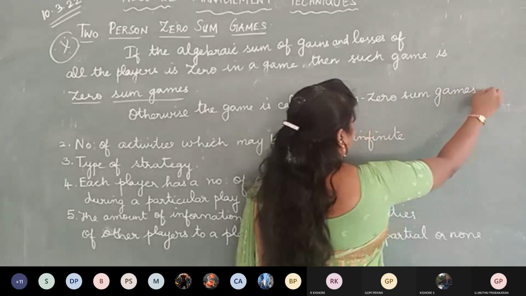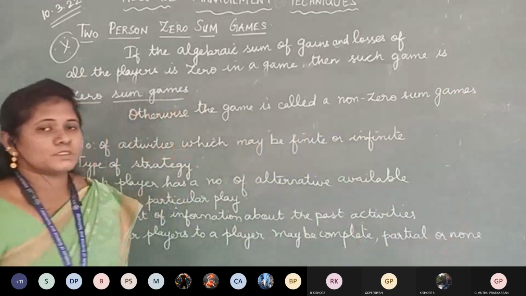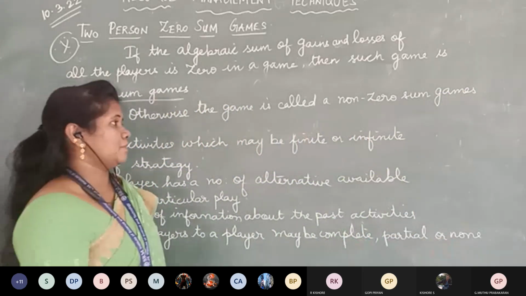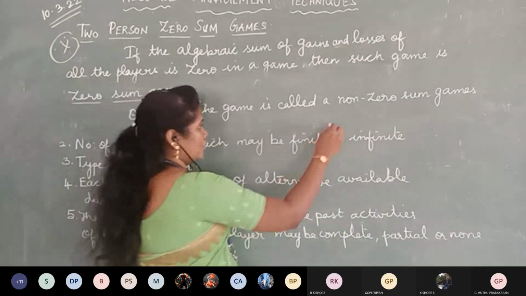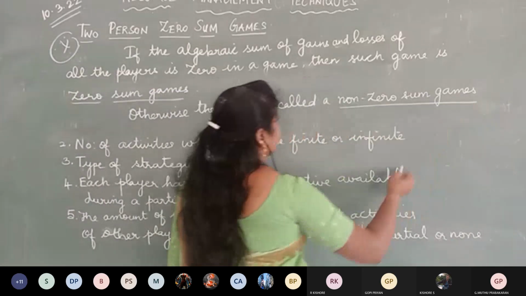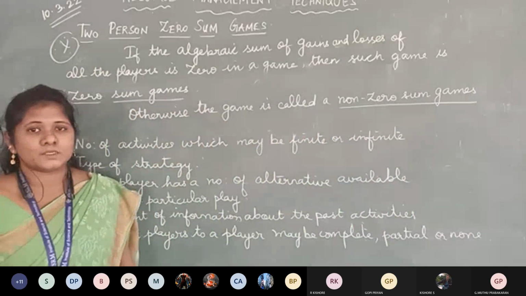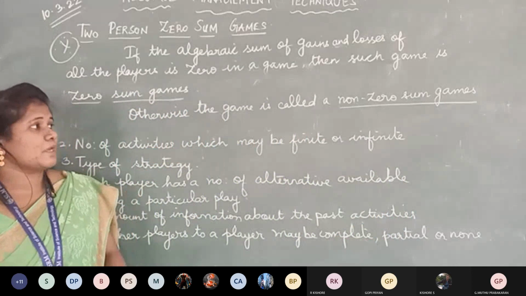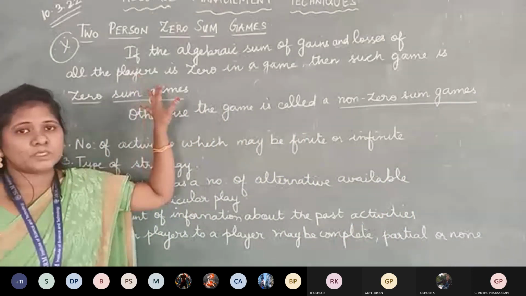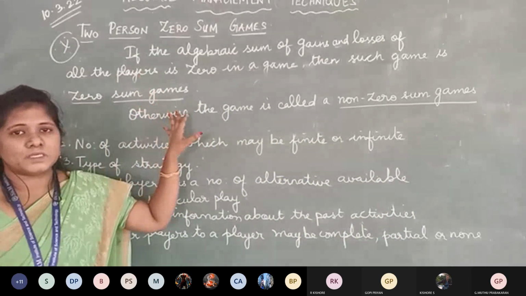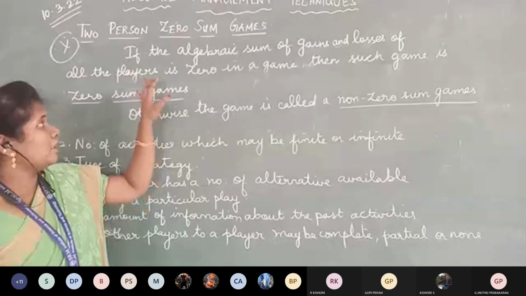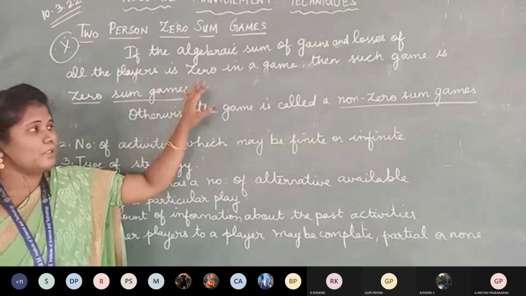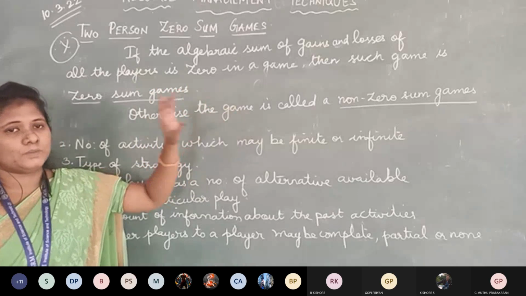If it is not equal to zero, then it is called a non-zero sum game. So when they ask you the definition of a non-zero sum game, you write what a zero sum game is, then write otherwise the game is called a non-zero sum game. If it is not equal to zero, it is a non-zero sum game.